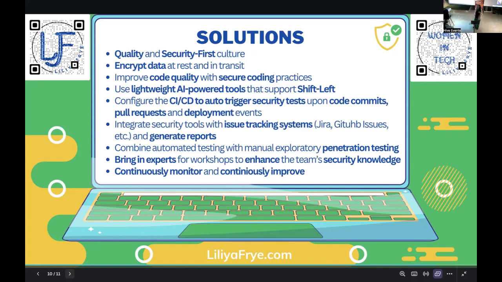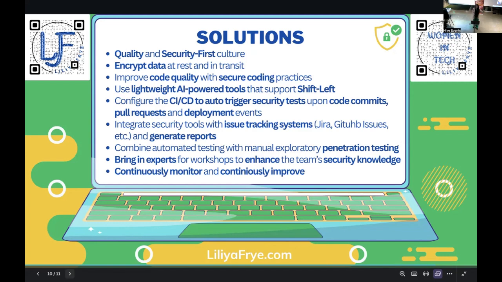And make sure they're AI powered, so they have more accuracy and can adapt to any of the changes, and they support shift left. That means you can run them early on in your software development lifecycle.